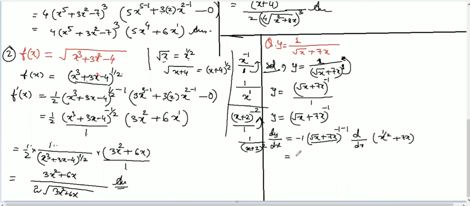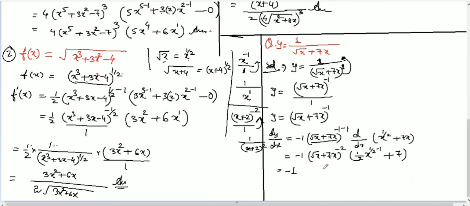So minus 1 is there, and root x plus 7x to the power minus 1 will give you minus 2. Now differentiate this one. Half will come in front of x, so half x to the power half minus 1, plus differentiation of 7x will give you 7. Now here minus, no need to write down 1, but if you want, you can write it down.